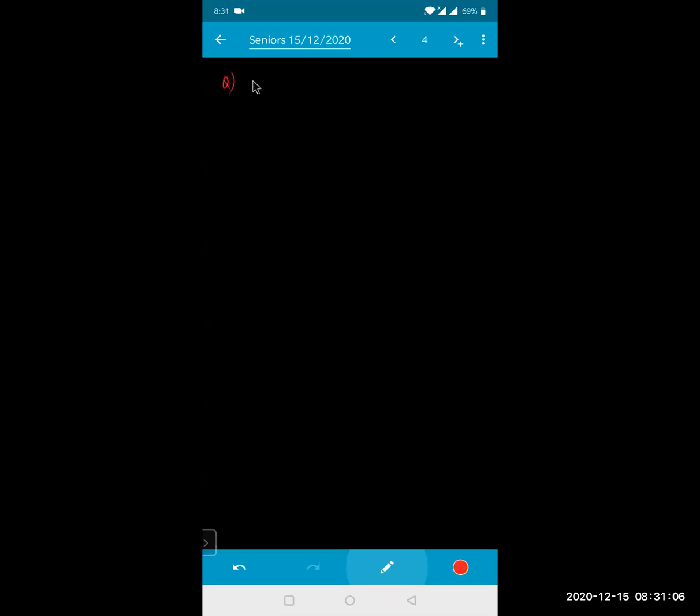Next question. We have two particles that move at right angles to each other.